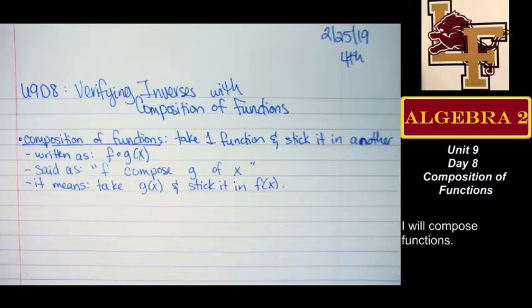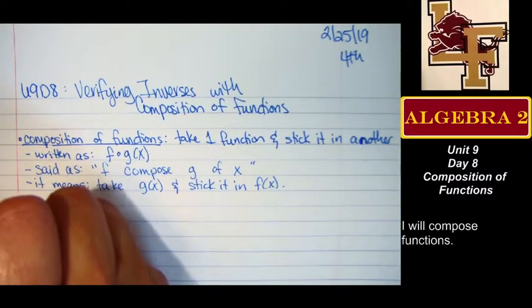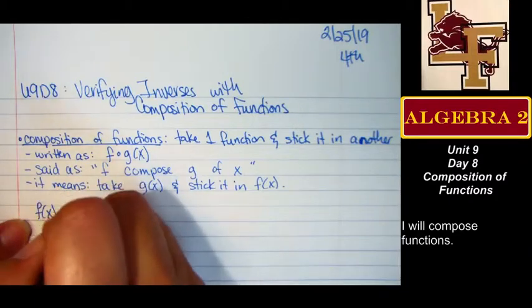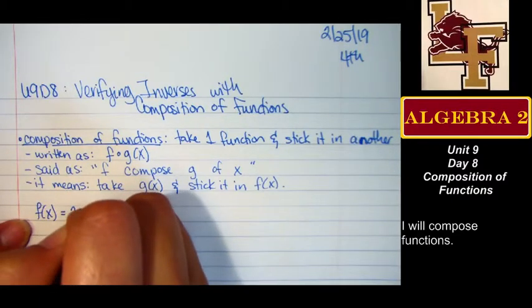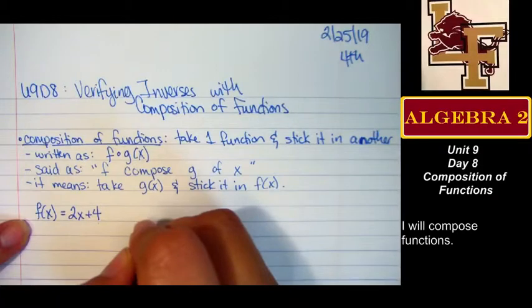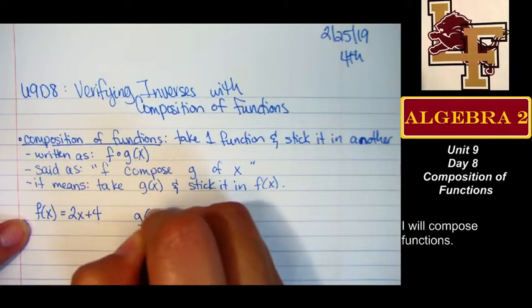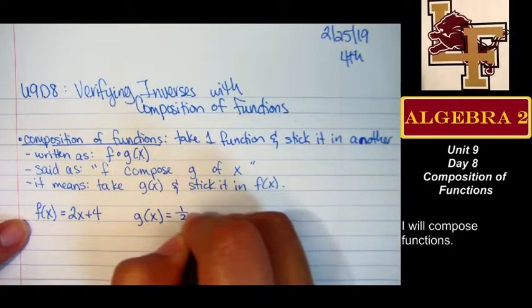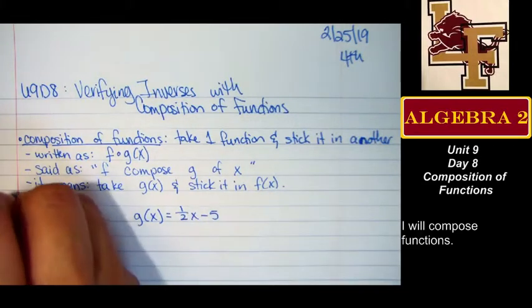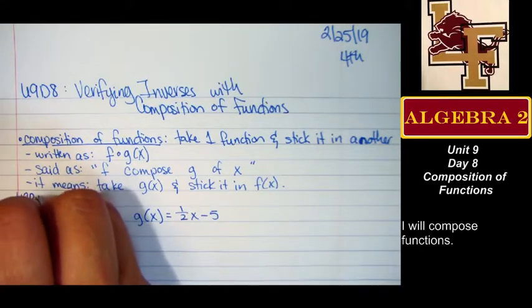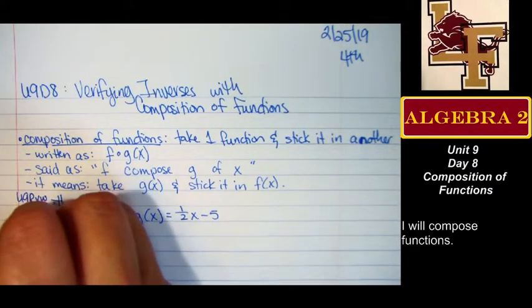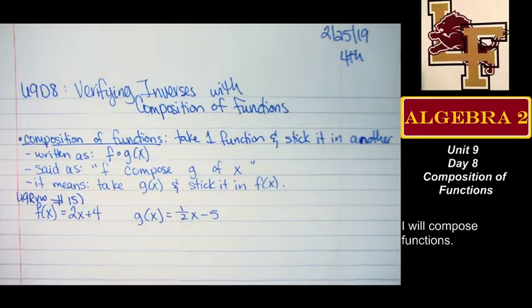I'm going to use, from your review, the f function from that section, and then the g function from that section. This is from your Unit 9 review, question number 15.